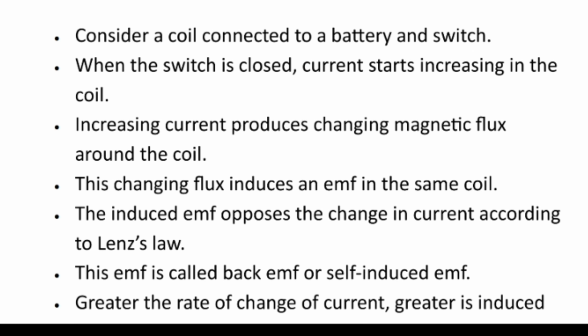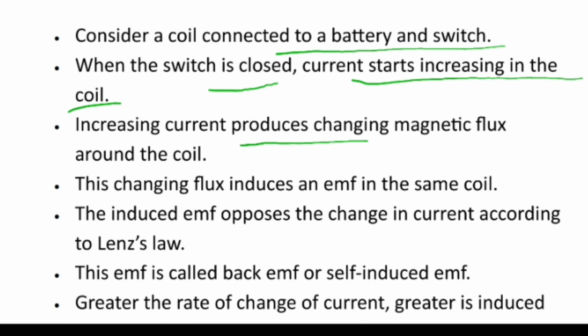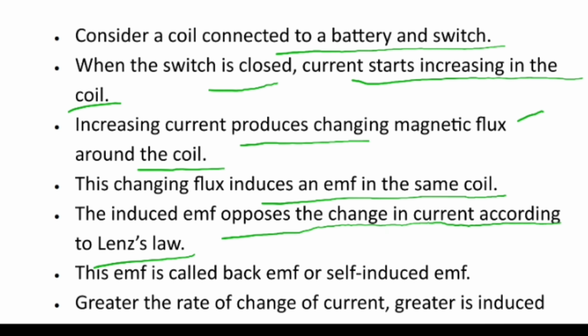Consider a coil connected to a battery and switch. When the switch is closed, current starts increasing in the coil. The increasing current produces a changing magnetic flux around the coil. This changing flux induces EMF in the same coil. The induced EMF opposes the change in current according to Lenz's law.